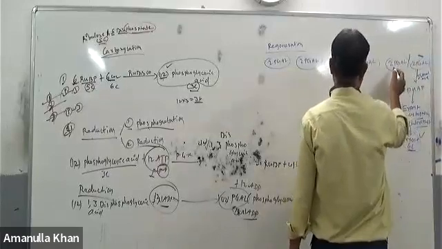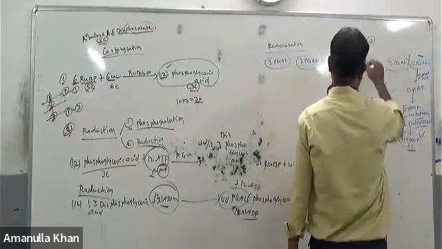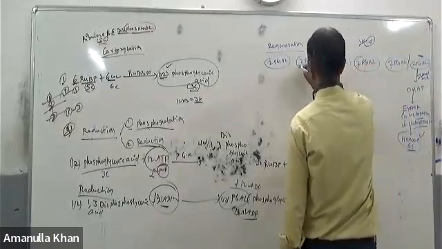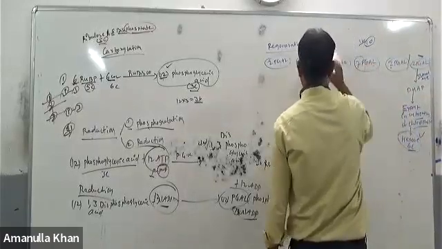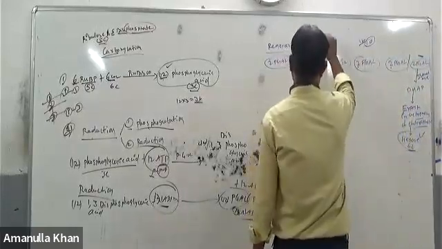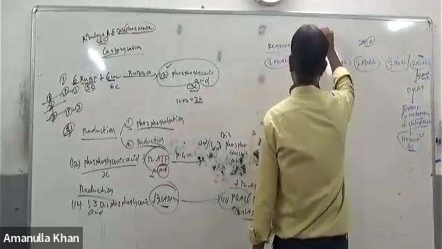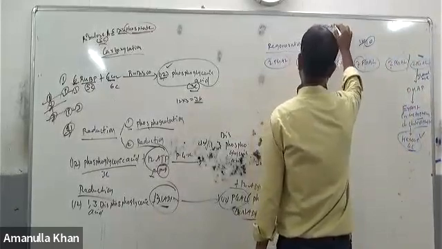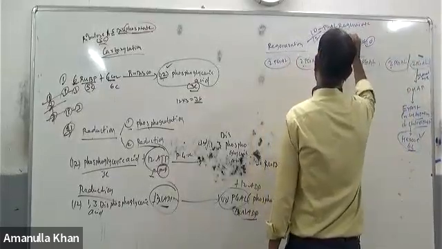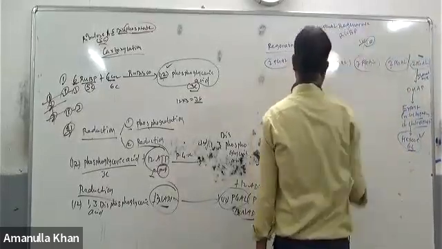Remaining how many PGALs are there? 10 PGALs. 2 plus 2, 4 plus 2, 6 plus 2, 8 plus 2, 10. Out of 12, 10 PGALs regenerate the RuBP.